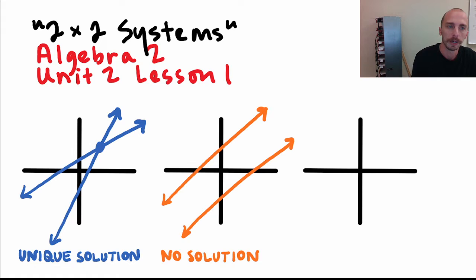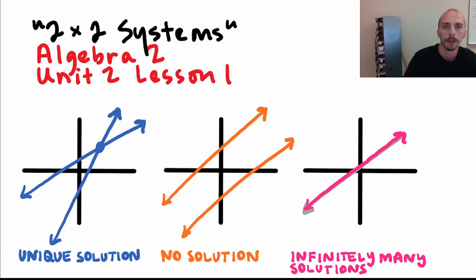But there was a third thing that could happen. And that was where we were looking at two equations of a line, and then it turned out that they were the same line. So if we had one, and then we got a second equation, and it turned out that it sat right on top of the first equation, well, then really there were a lot of points that sat on both, and that was where we said we had infinitely many solutions.